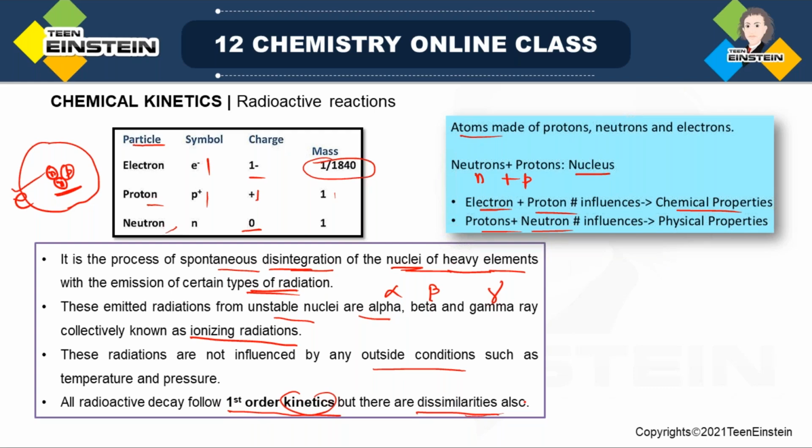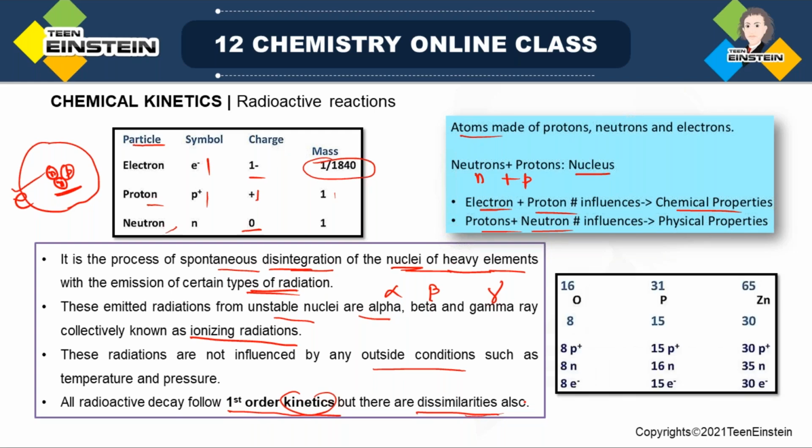Now in case of radioactive reactions, there is a certain notation that we will use. There is a specific way you have to write them. See here we have written 16 oxygen 8. Basically it is like this, 16 oxygen, and in the suffix it is 8. Now what does it mean? This is the number of protons.